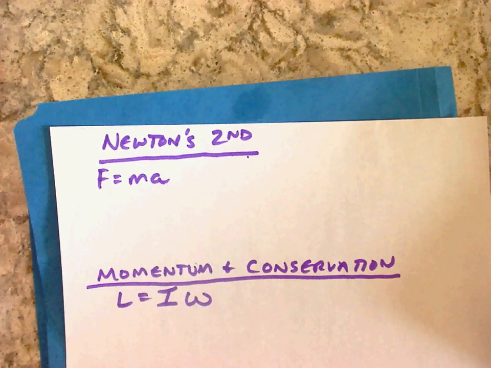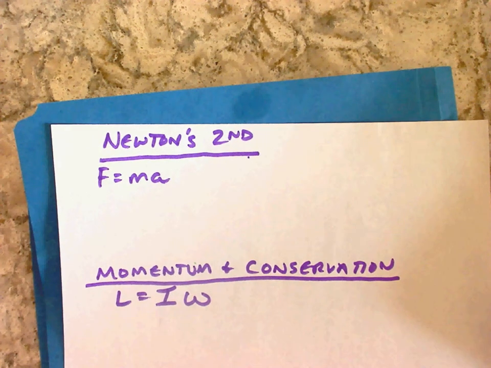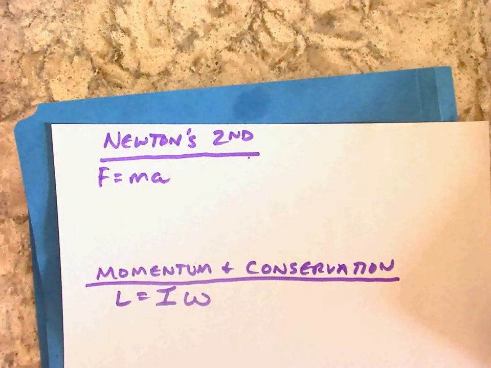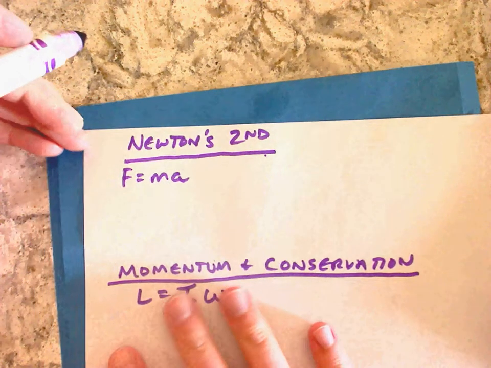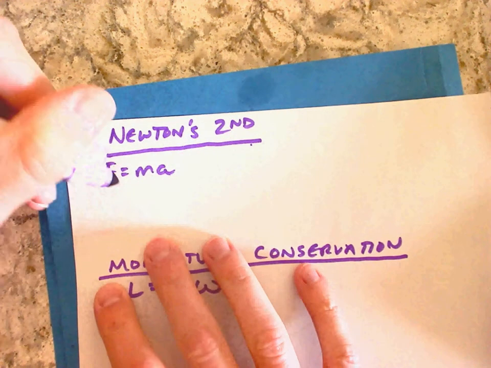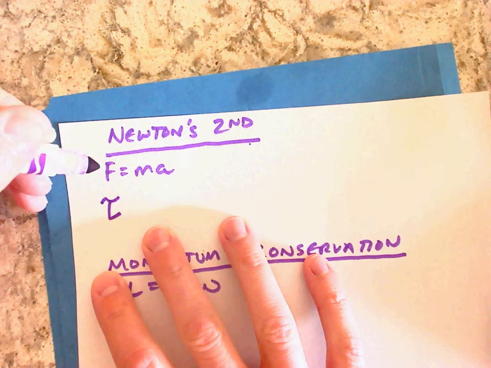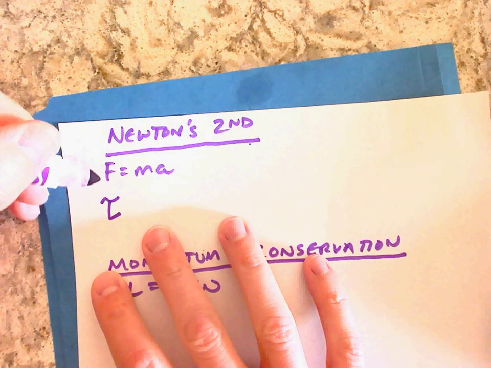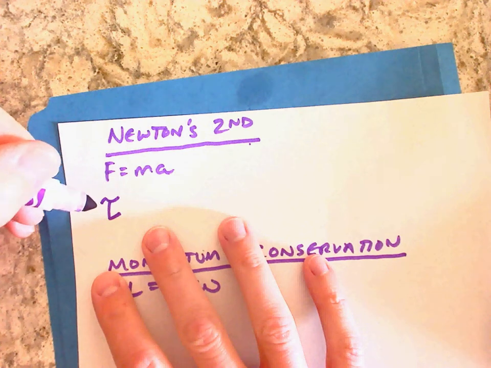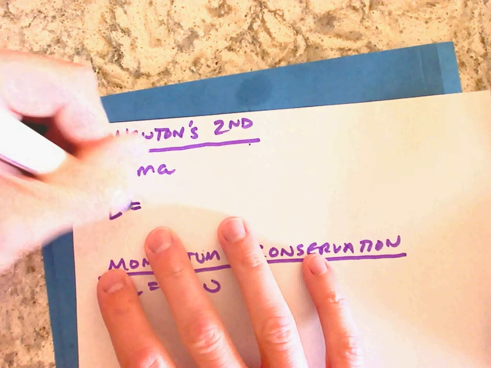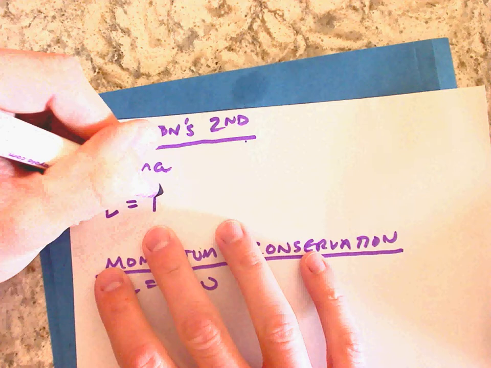Some other things that we hit. This was a long chapter. Other things that we hit: Newton's second law, which we adapted. So we did the same thing that we did with all the other equations. Instead of force, we were dealing with torque. So it's not just a force, it's where the force is applied. That's what torque was. And it's not just mass, it's where the mass is located also.